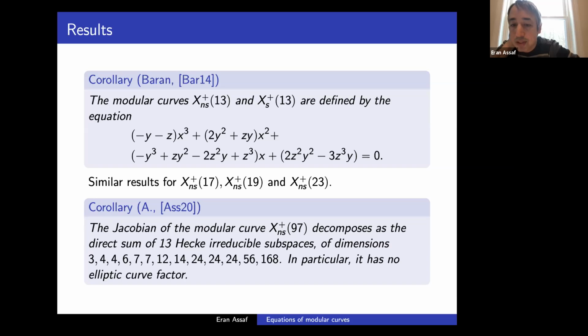But for example, in the non-split Cartan case, it should be able to go up to several thousands. I see. Okay, great. Maybe I should say that it is used right now to compute the decomposition of Jacobians of 50,000 subgroups.